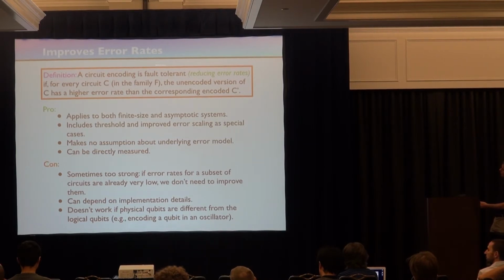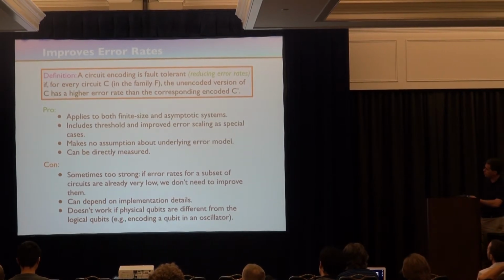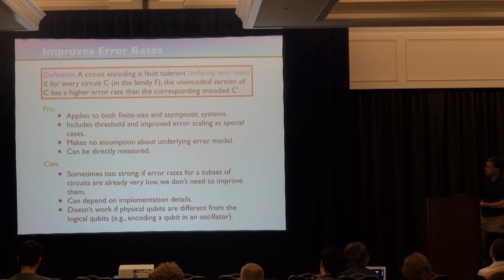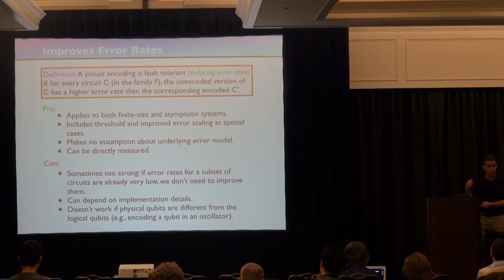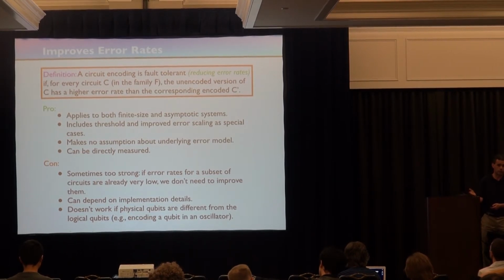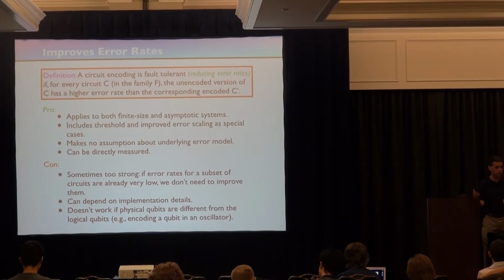So I'm going to say that an experiment, or a circuit encoding, is fault tolerant, reducing error rates, if for every circuit C in the family that we're considering, the unencoded version of C has a higher error rate than the encoded version. Okay? So this is just saying that fault tolerance reduces error rates. Right? So that's sensible. That's kind of what we want to achieve, if not quite as directly as the last definition.